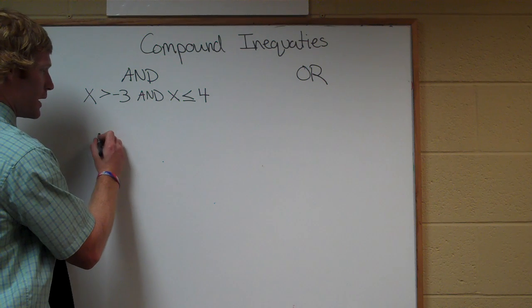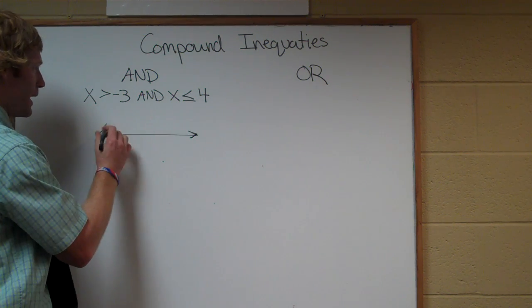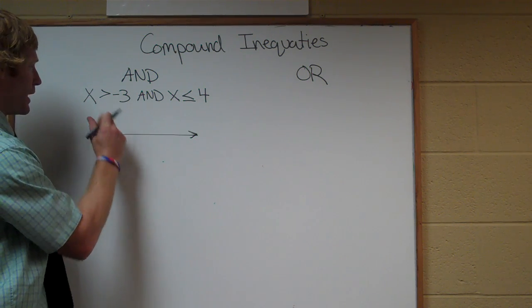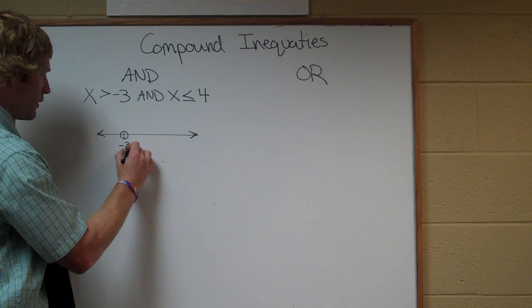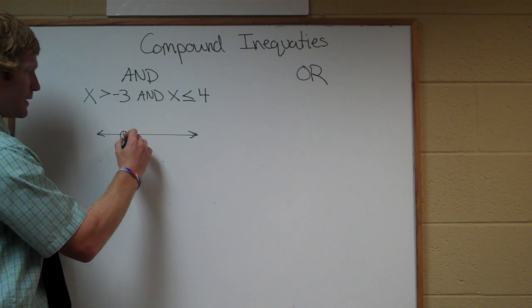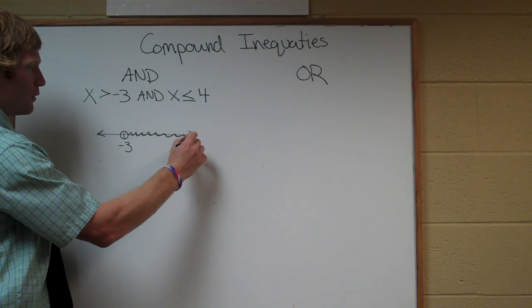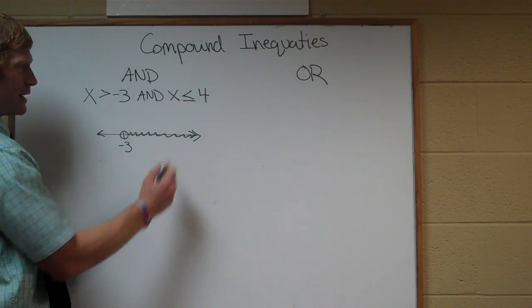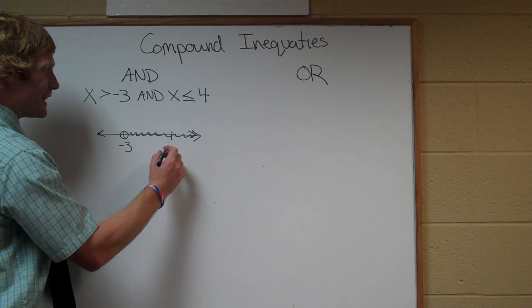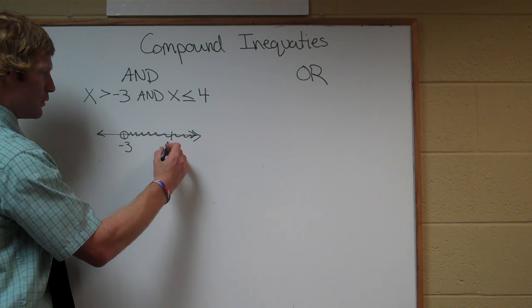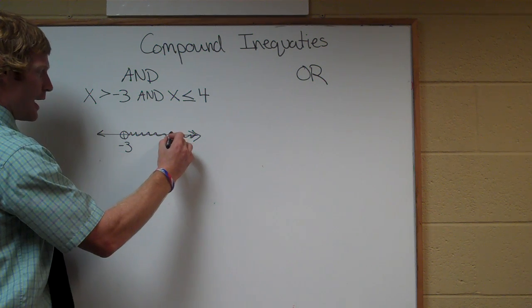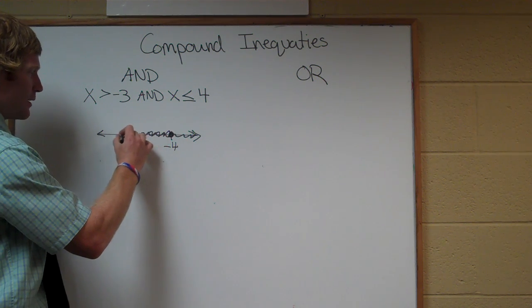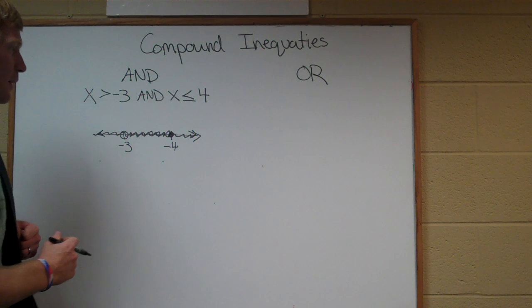So I go to my number line, I graph each of them separately. X being greater than -3. I see the shading going to the right, and I see x must be less than or equal to 4. Remember, it's a closed circle, and I see it's less than or equal to 4.